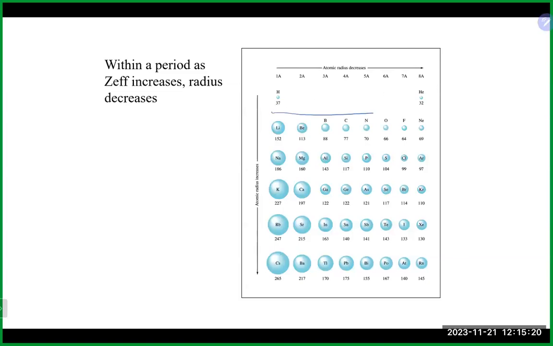So as we go this way, things get smaller, things get larger as we go down on the periodic table. And again, we have larger atoms because the electrons aren't held as tightly as we go to the left there. And that means that they're going to be further away from the nucleus, giving an overall size of the atom a little bit larger than on the right-hand side.